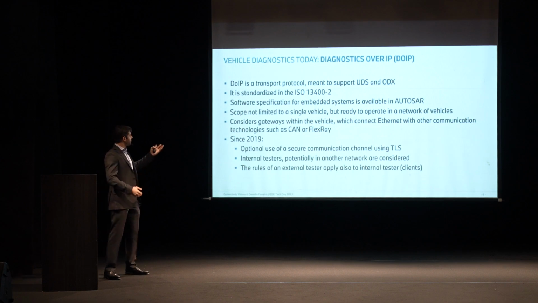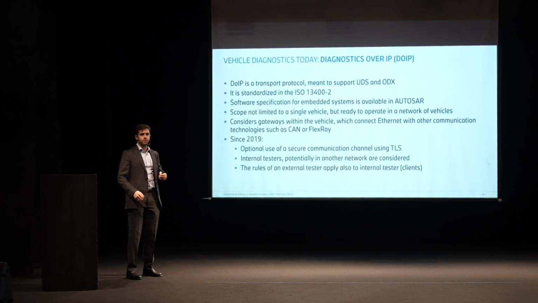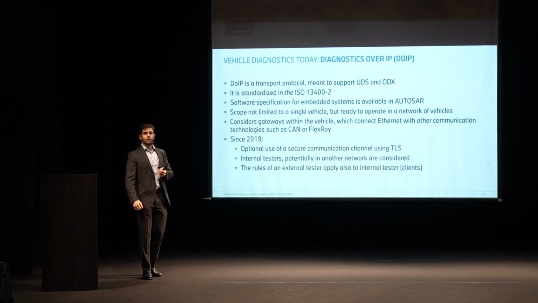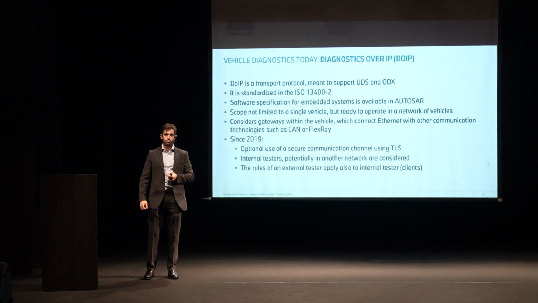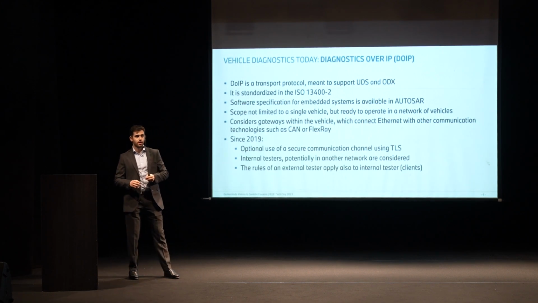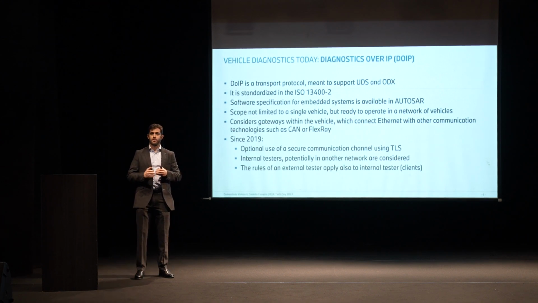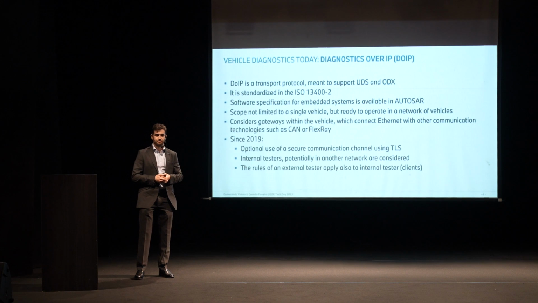So today we have DoIP, which is basically a transport protocol, meaning to operate with UDS and ODX. As I mentioned before, it was standardized in the ISO 13400. And the software specification for embedded systems is already available in the AUTOSAR consortium.